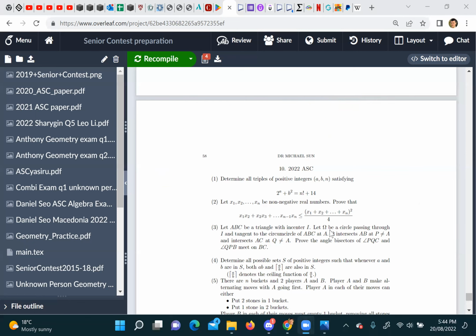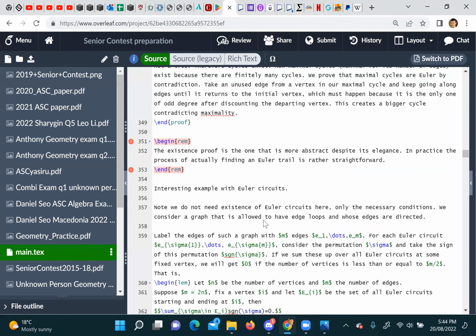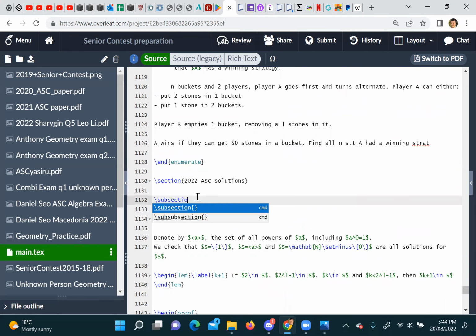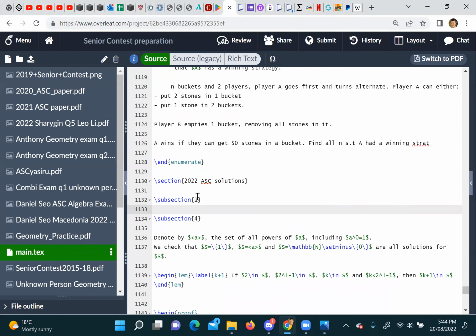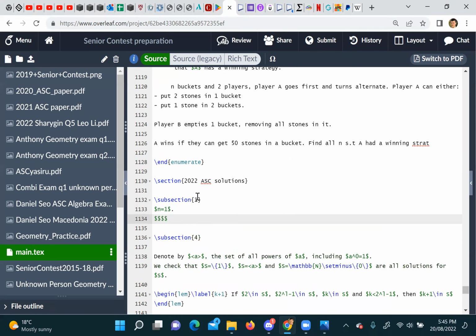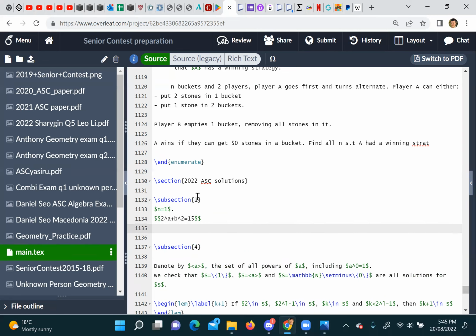Okay, let me start typing this then. Okay. So if we have n equals 1, we get 2 to the a plus b squared equals 15.